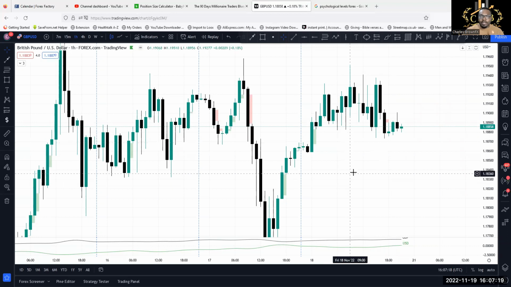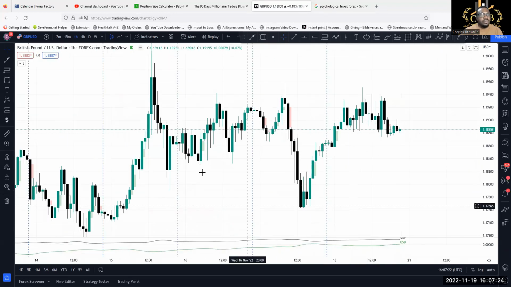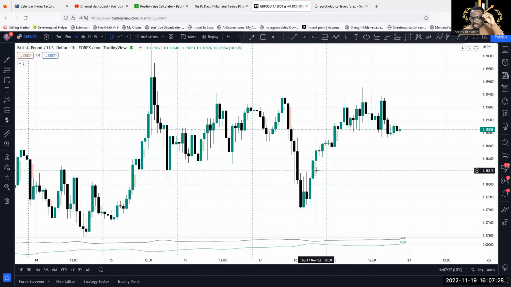But here's the point. How do you plot your psychological levels? So the first thing is, if you're a day trader, if you're a scalper, if you are a swing trader, you need to know your time frame. What is your time frame of trading? What time frame do you trade? That's the point you want to think about.